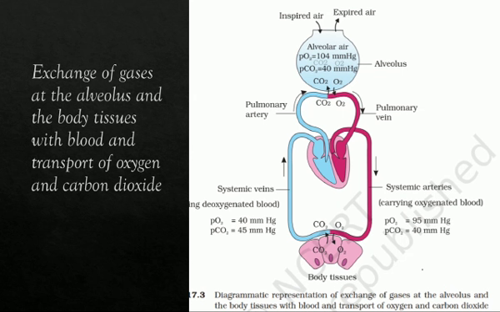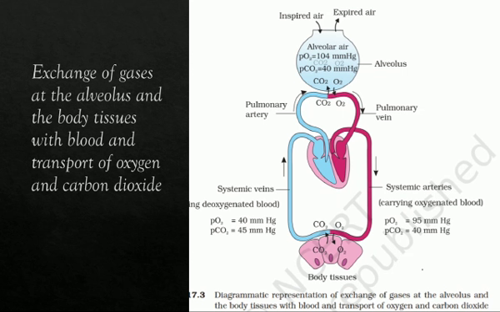As the partial pressure of carbon dioxide is more, it will move from higher concentration to lower concentration. Now the systemic veins, which collectively form the vena cava, will collect carbon dioxide, and the blood will become deoxygenated blood.